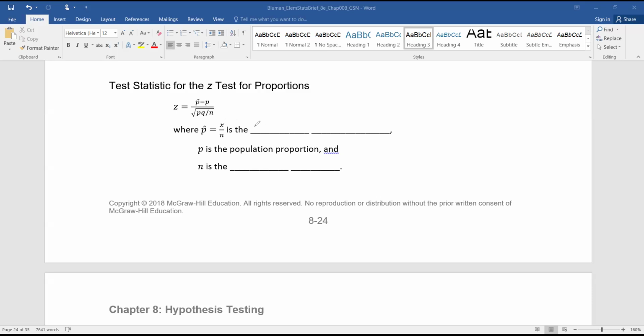This would be your sample proportion. Again, p is the population proportion, p hat is your sample proportion, and n is the sample size.